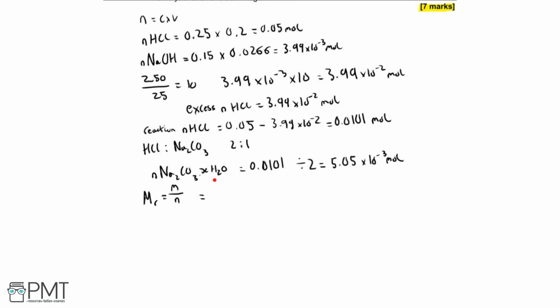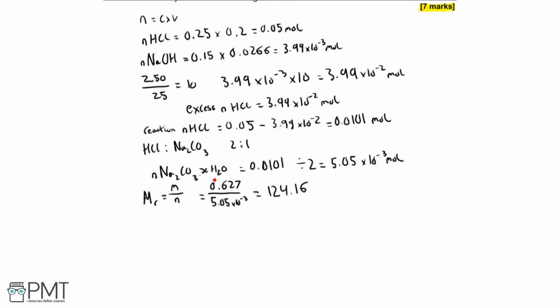The mass in grams is 0.627, as we've been given it in milligrams and we need to divide by 1,000 to convert it, divided by 5.05 times 10 to the minus 3. That gets us an MR for the hydrated sodium carbonate of 124.16.